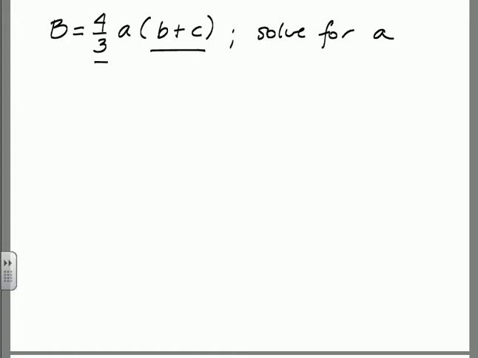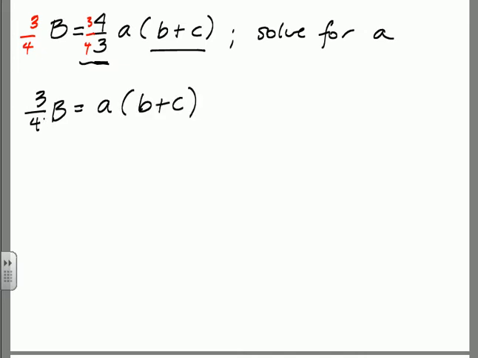Well, what is 4/3 doing? It is multiplying. So what can we do to undo it? Well, let's do it the cheap way and multiply both sides times the reciprocal. Okay, so the result of that is 3/4 b equals, and then when we multiply these two, we get 1. So on the right, we have a times b plus c.